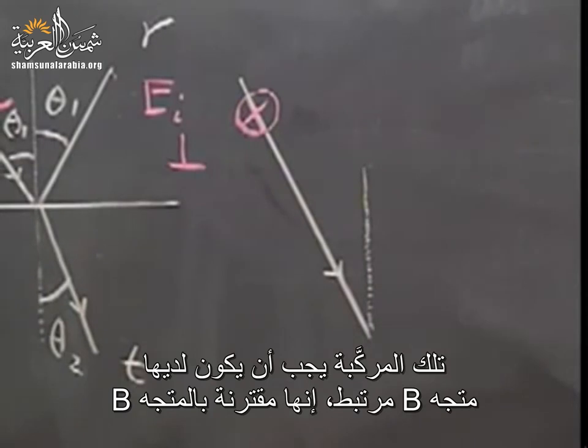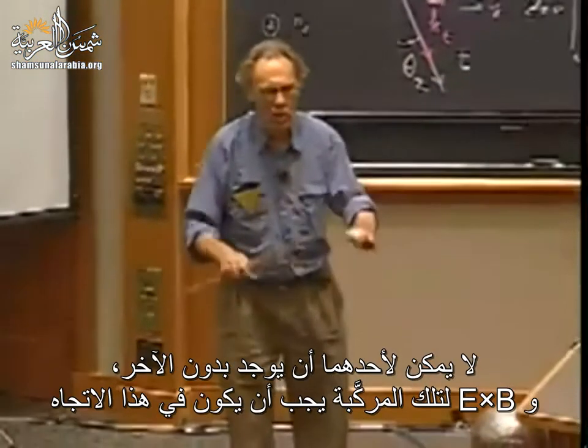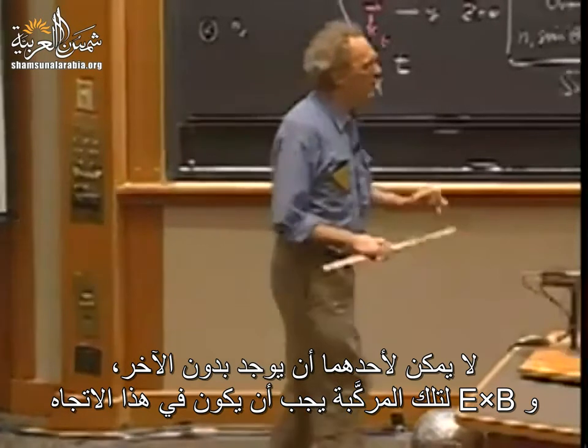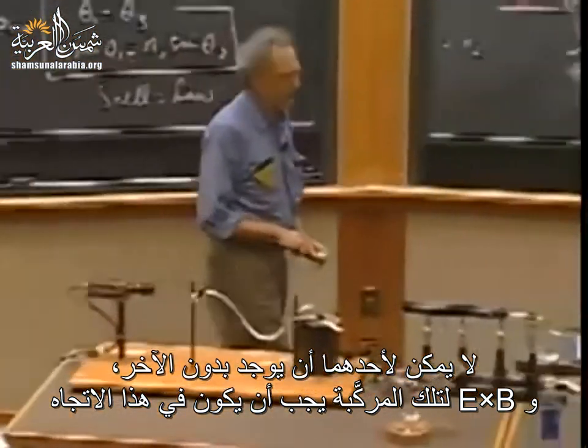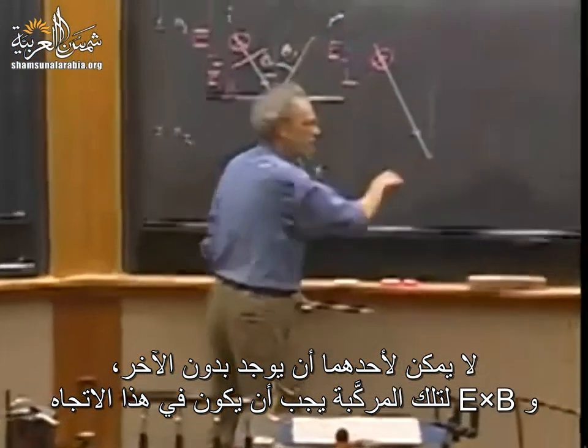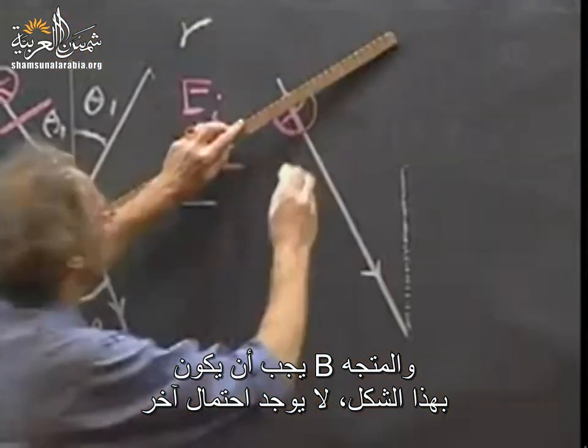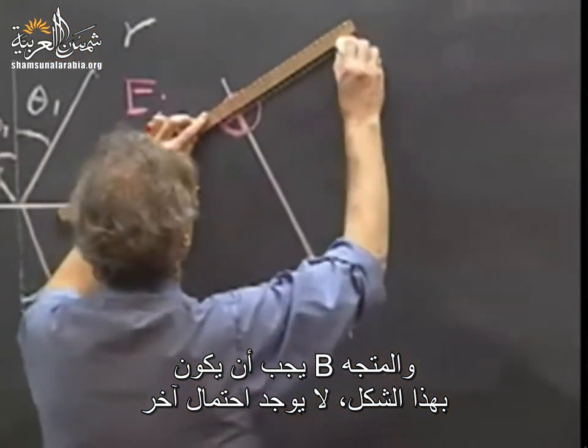That component must have an associated B vector. It is married to a B vector. The two go hand in hand. One does not exist without the other. And the E cross B of that component must go in this direction. And the B vector there must lie like so. There is no other possibility.